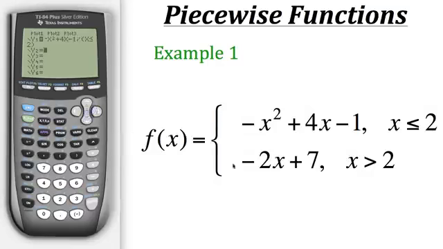Now let's put in the second expression into our y2. So we have negative 2x plus 7. Now we need to put its condition of x is greater than 2.